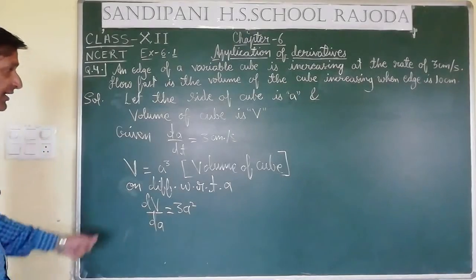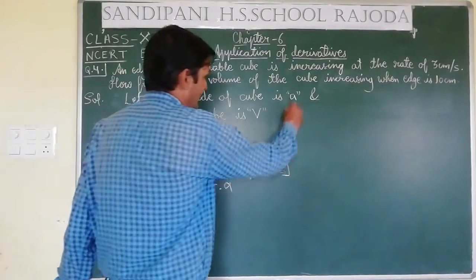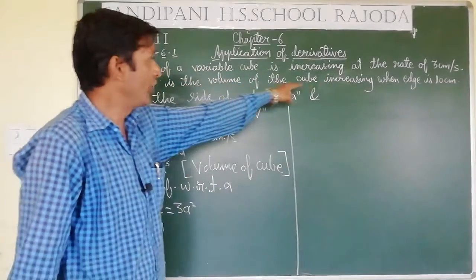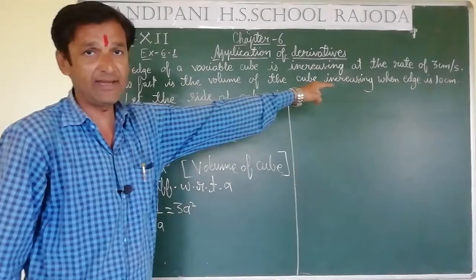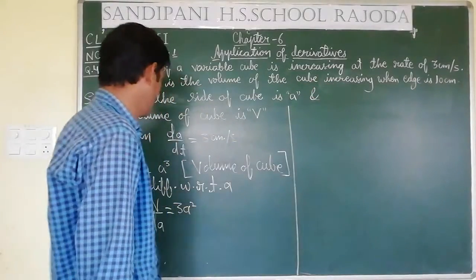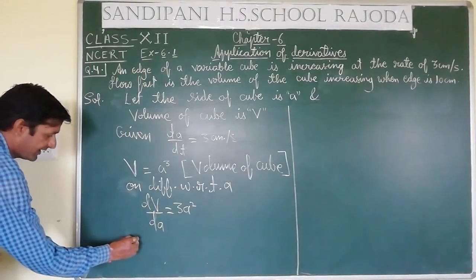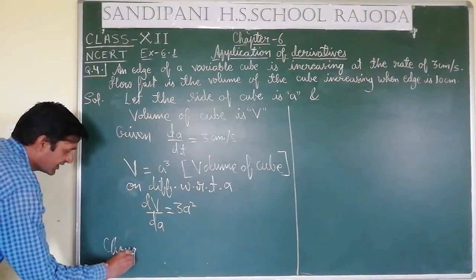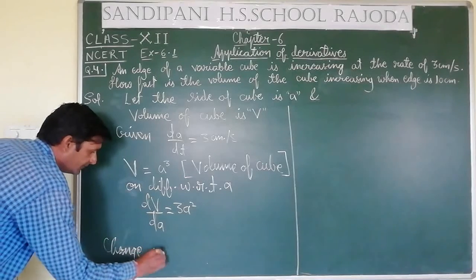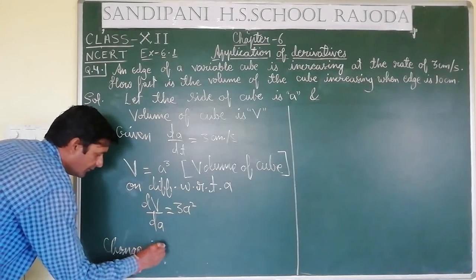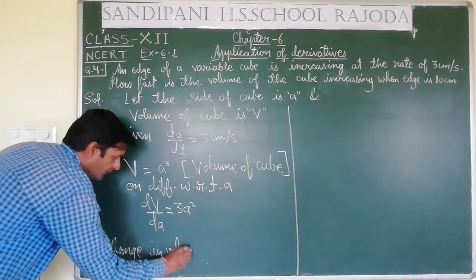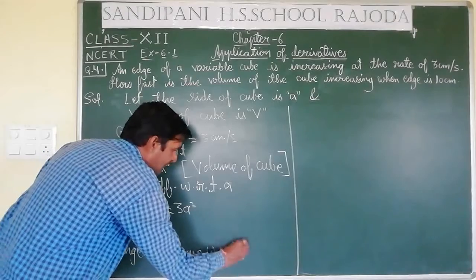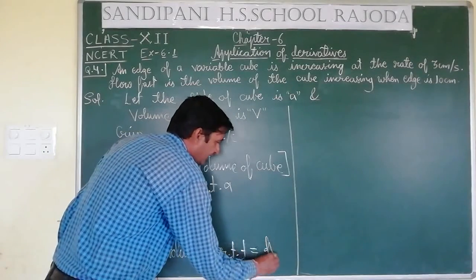Now what is needed? dV by dt is needed, because the increase of volume of the cube when the edge is 10 centimeter is asked. So dV by dt is what? Change in volume, or increase in volume, with respect to time is equal to dV by dt.